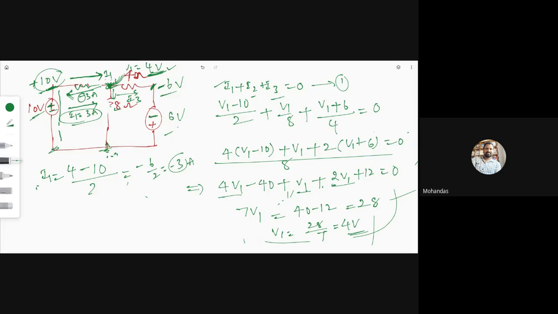What is the value of I1 in this direction? Are you getting me or not? Hello, am I audible? Please respond. ఈ డైరెక్షన్లో చూస్తే మ్యాగ్నిట్యూడ్ ఎంత అవుతుందమ్మా, రమ్య? Plus 3 amperes, sir.